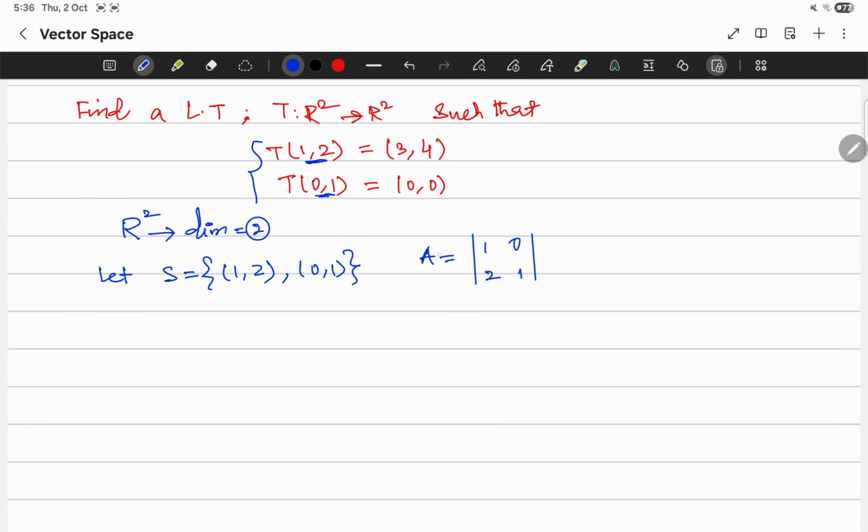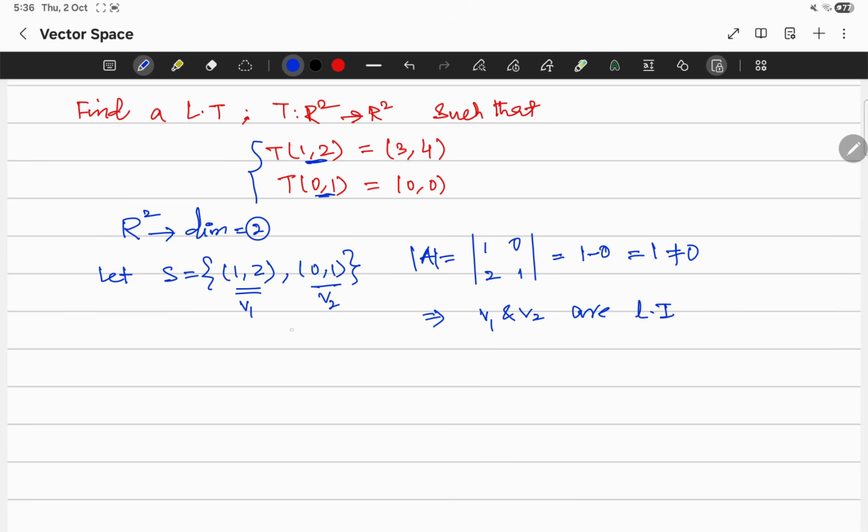So the determinant of this matrix will be equal to 1 minus 0, so that is equal to 1. That's not equal to 0. So it means that, let's say this is v1, this is v2, v1 and v2 are linearly independent.